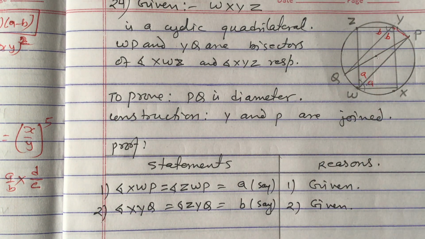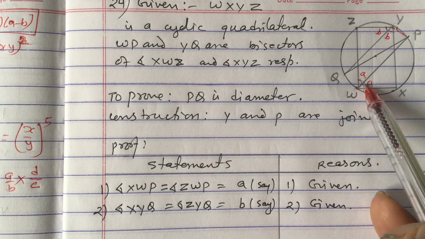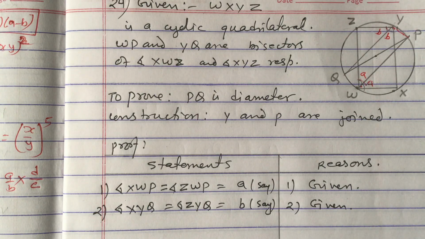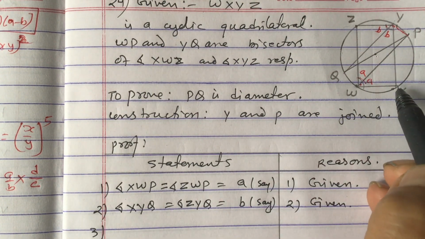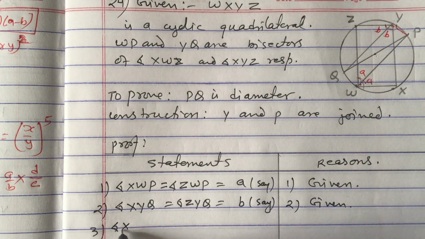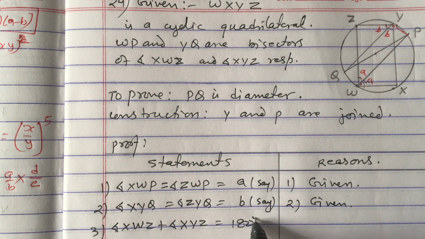Both B, isn't so? Now, what we can write, see, this angle plus this angle, the opposite angles of a cyclic quadrilateral is always equals to 180 degree. Yes, that we know. So let us write on that also. In number 3, what we can write, angle XWZ plus angle XYZ equals to 180 degree.